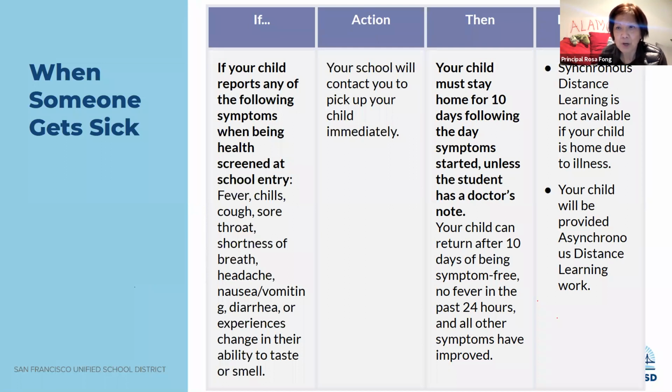And so we're pausing just a few more seconds so our translators can catch up with the slide. So Rosa, just to clarify, if you're quarantining, you can't do distance learning with the teacher. You have to just do independent. Yeah.